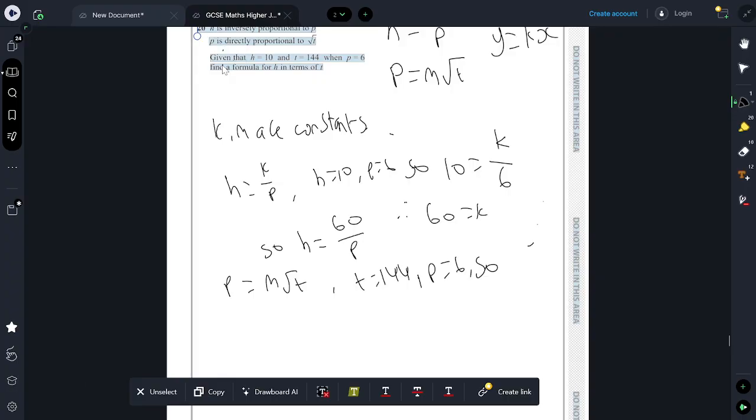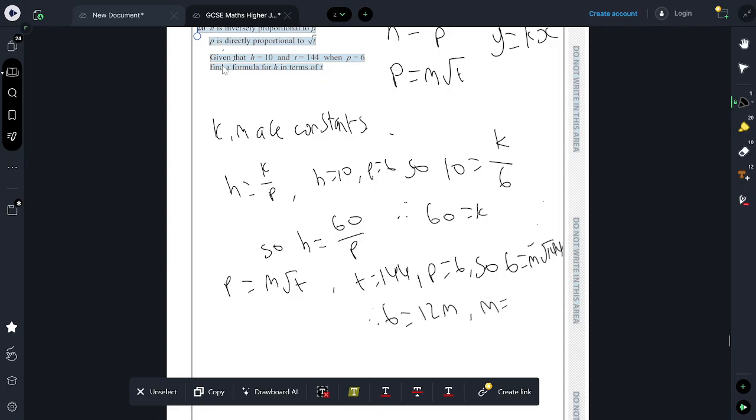Anyway, so 6 then is going to be m root 144 if you directly substitute the values in. Now, root 144 is simply 12. 12 squared is 144. So 6 is 12 times m.